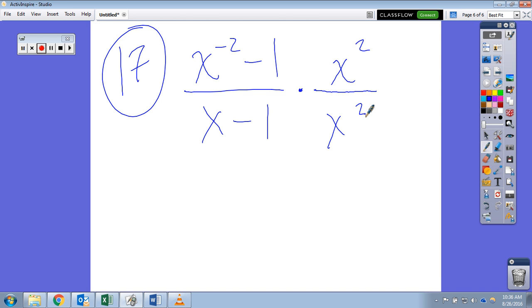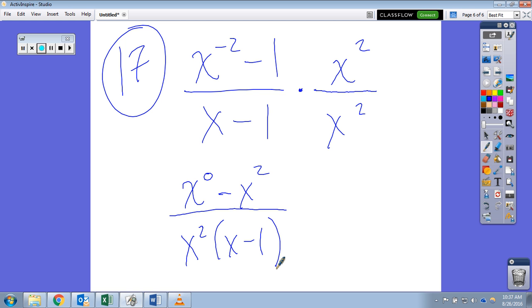So we do this, and you would get x to the 0 minus x squared all over, and for right now I'm going to leave it in factored form, just in case some algebraic magic happens and stuff simplifies. Factoring is usually always advantageous.